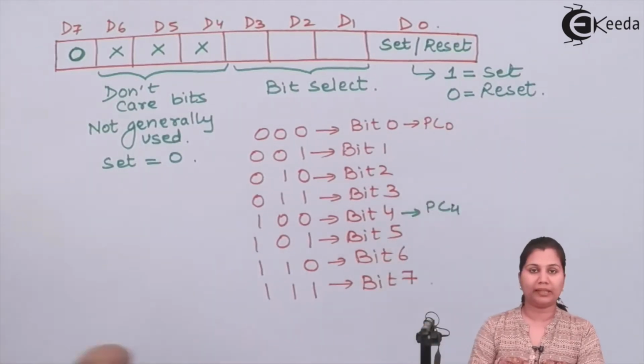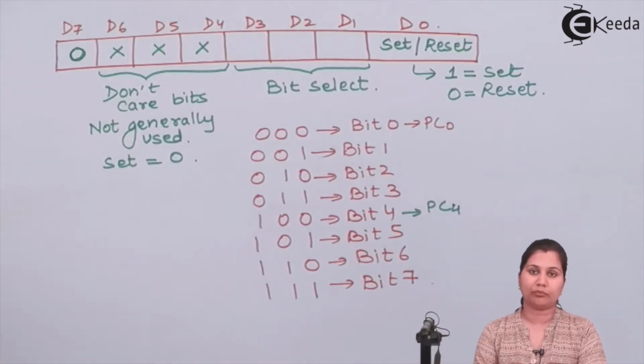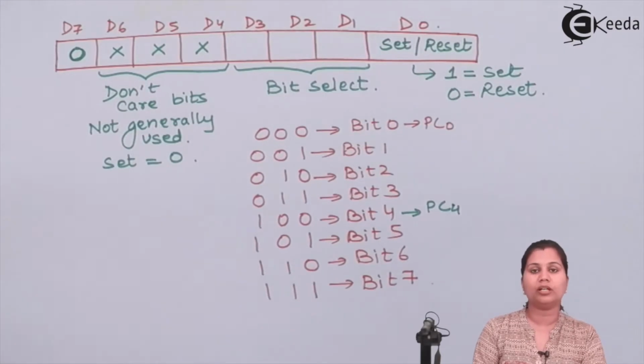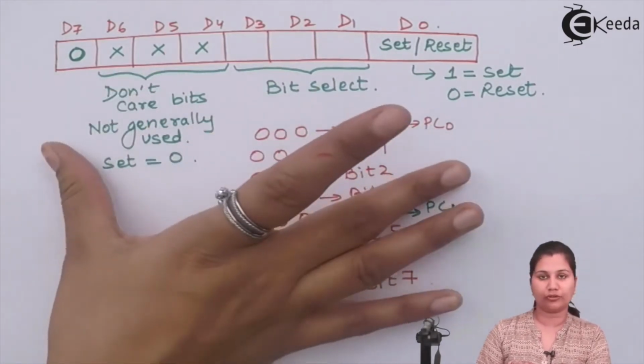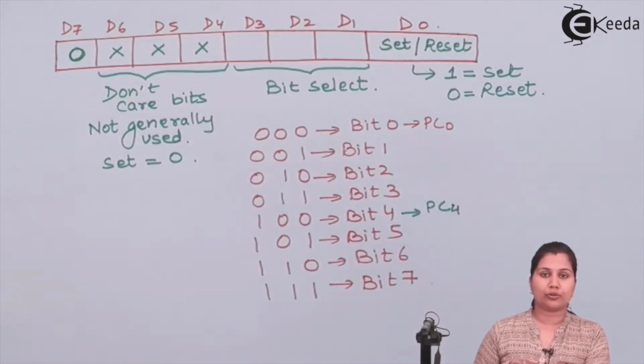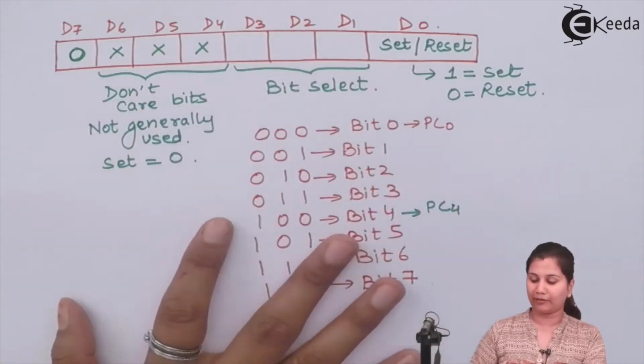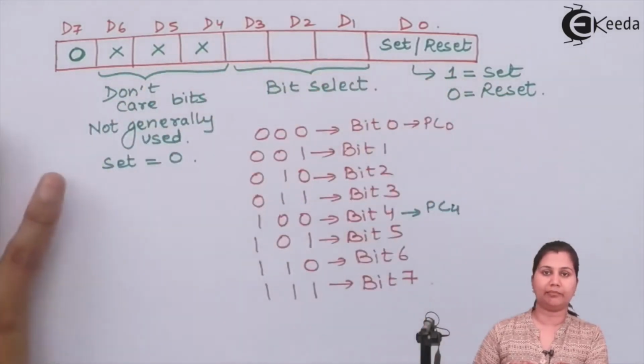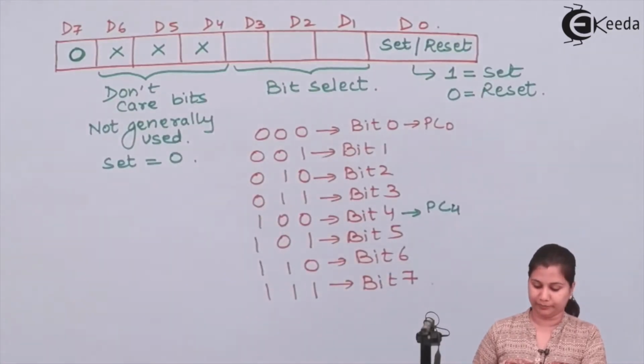So this is how the BSR mode, bit set reset mode, works. In this mode, the bits of port C are set or reset using this control word. Whenever it is asked what the control word of bit set reset mode is, you can draw this diagram and explain all the 8 bits of the control word.